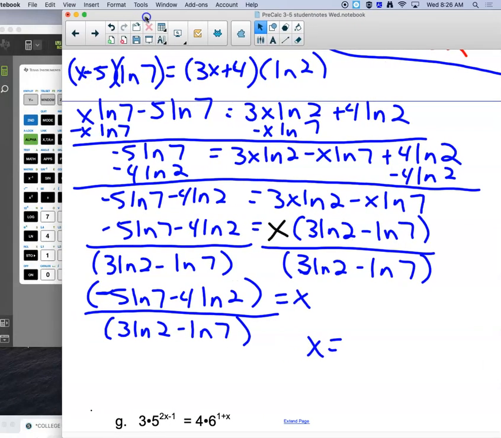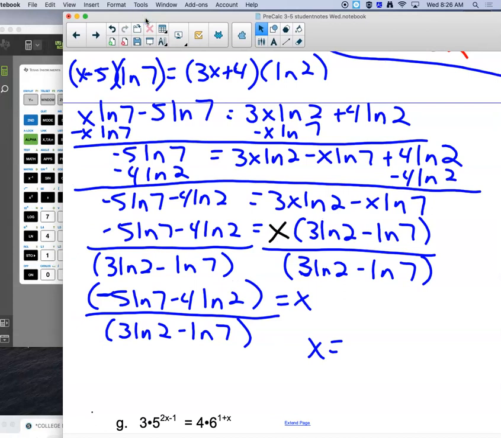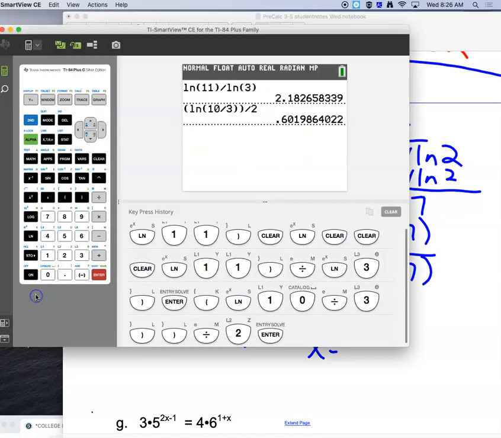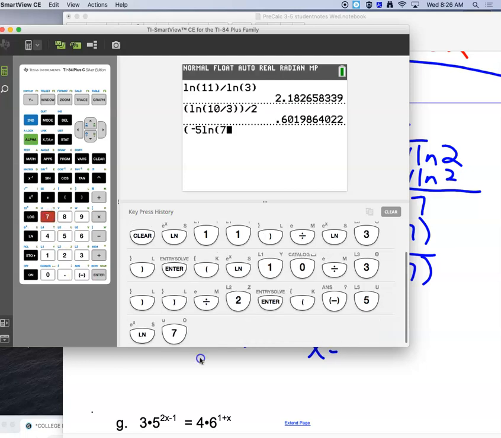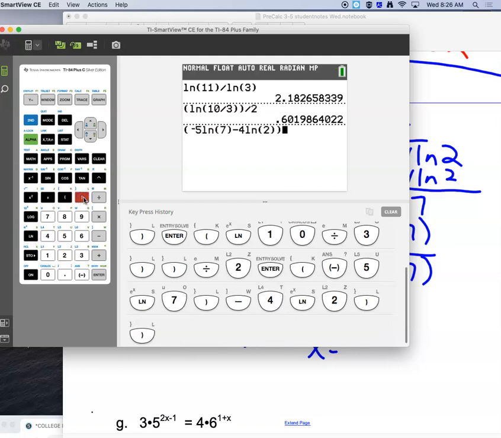And this one comes out to, I probably better punch this one in too. I keep thinking I don't want you to have to watch me do all this punching in, but these are pretty involved. So, all right, we've got negative 5 natural log of 7 minus 4 natural log of 2, finish off that second set of parentheses, divided by parentheses 3 natural log of 2 minus natural log of 7.